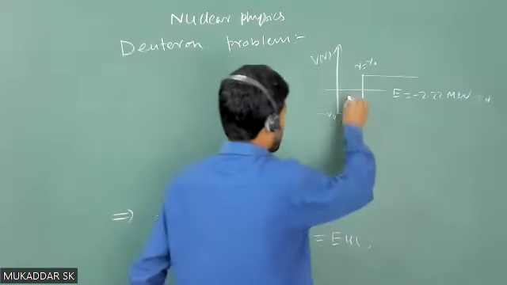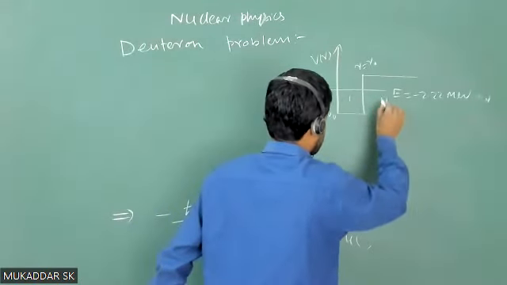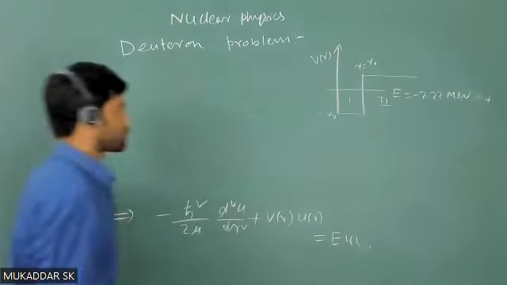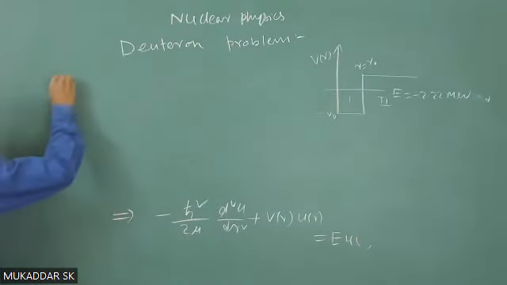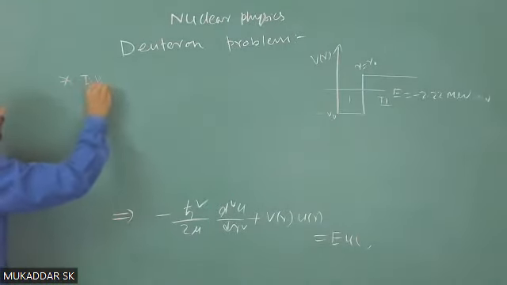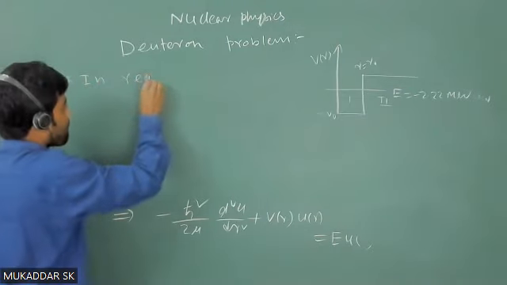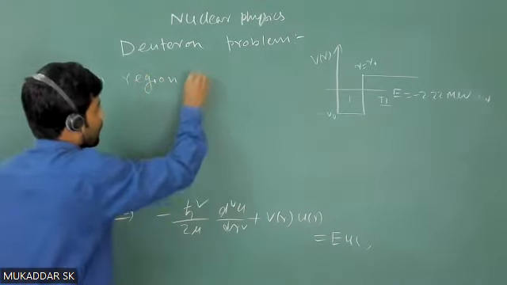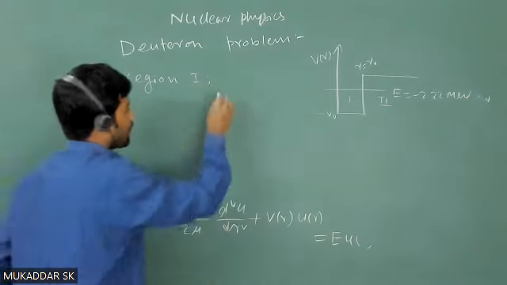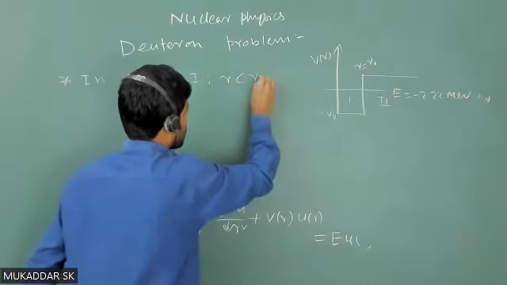So this is your region 1, and this is your region 2. Okay. In region 1, it means R less than R naught.